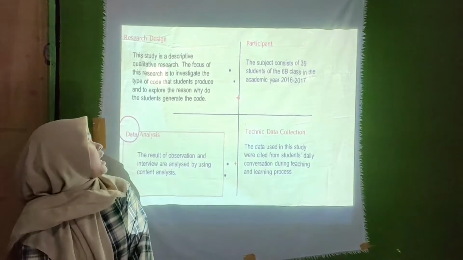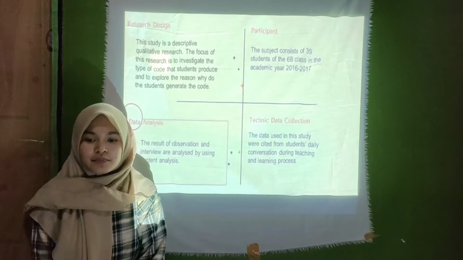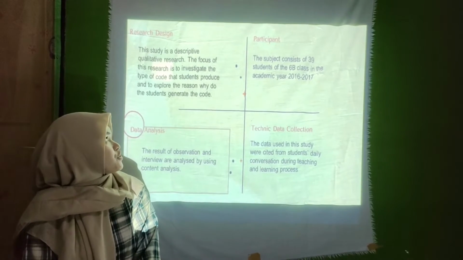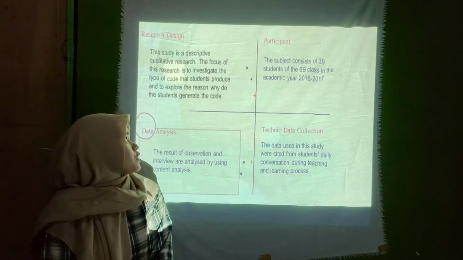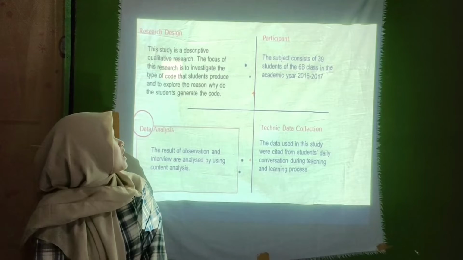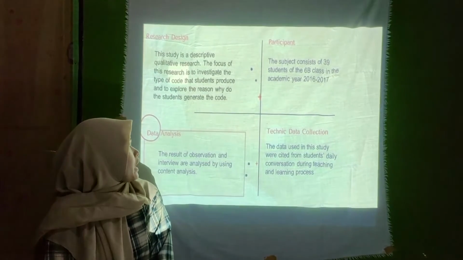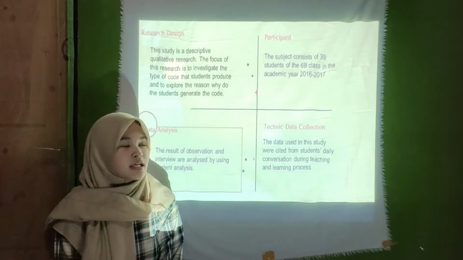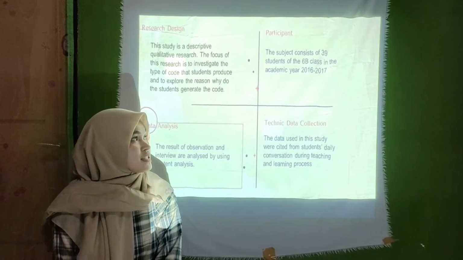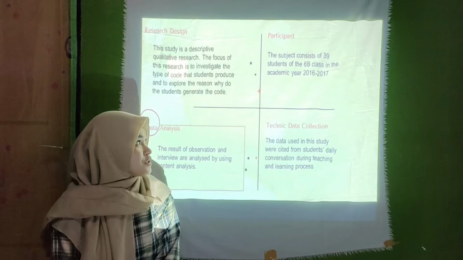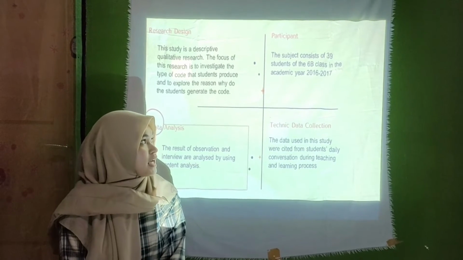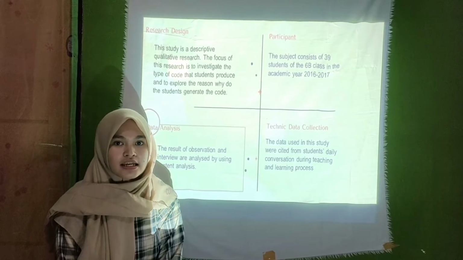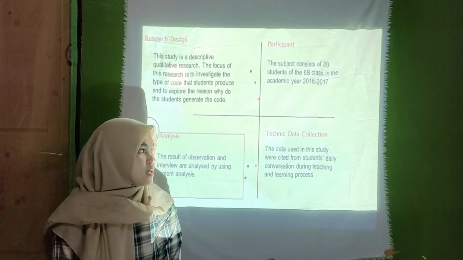Research design. This study is descriptive qualitative research to investigate the type of code that students produce and to explore the reason why the students generate the code. The participants consist of 39 students of the 6B class in the academic year 2016 and 2017.